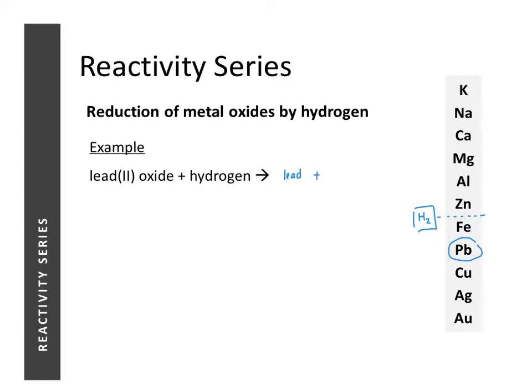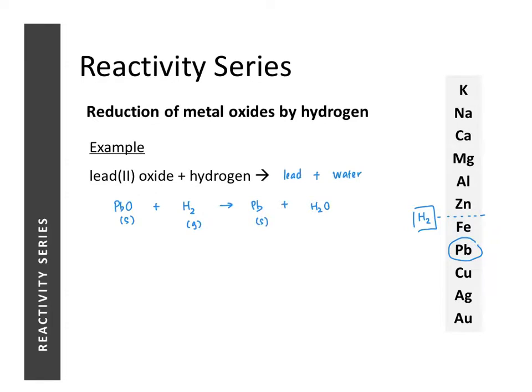And the other product, again by looking at the elements that are remaining, I hope you can see that water is the product. So let us write the chemical equation. The equation is already balanced, so let us write in the state symbols.